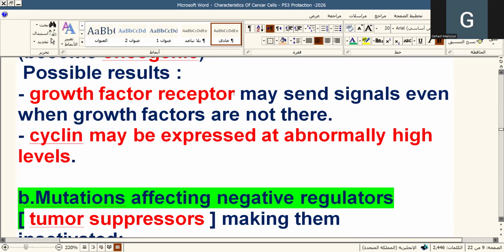So the gene that codes for that receptor, which is the receptor for growth factor, has been mutated and has become an oncogene because it resulted in a mutation.